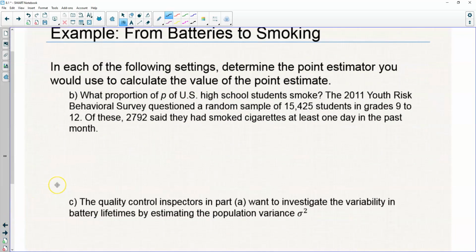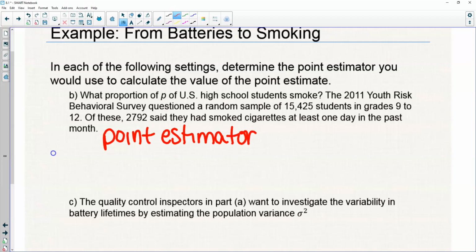Okay, what proportion p of U.S. high school students smoke? The 2011 Youth Risk Behavior Survey questioned a random sample of 15,425 students in grades 9 to 12. 2,792 of these said they had smoked cigarettes at least one day in the past month. So the point estimator, since we're trying to find p, is going to be p hat.